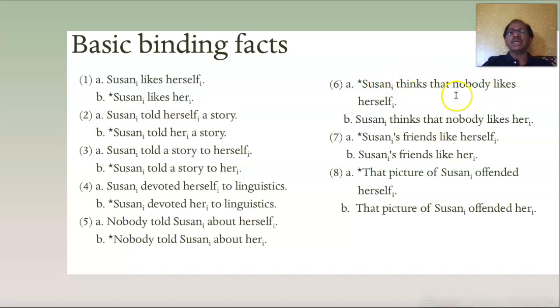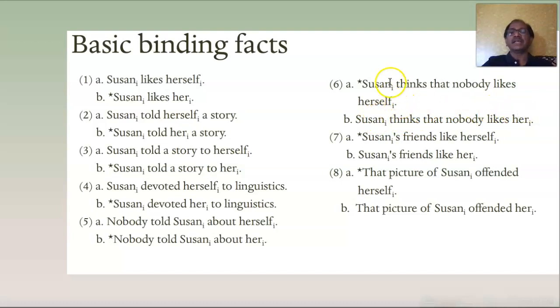So what we understand from this sentence is that both the antecedent and the reflexive should be co-arguments, or arguments of the same verb. In fact, if you replace herself with her, it is ungrammatical, right? It is ungrammatical because her is the object of like and Susan is the subject of think. They are not co-arguments.